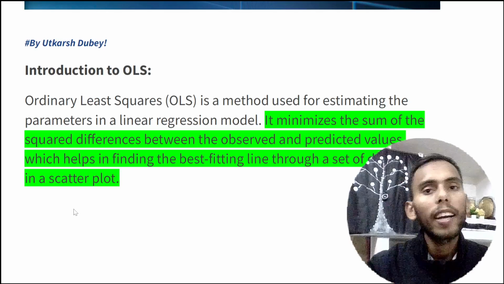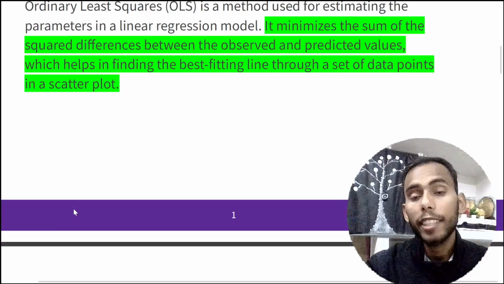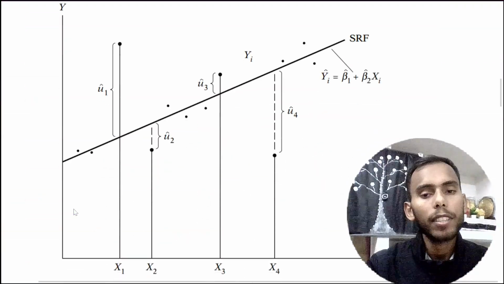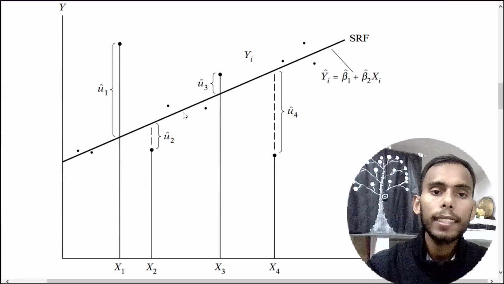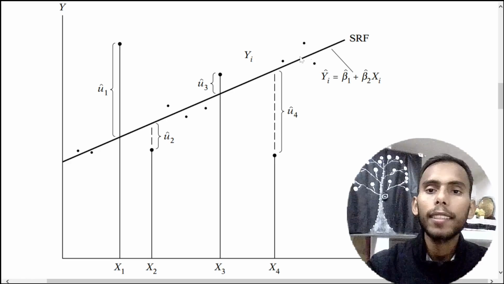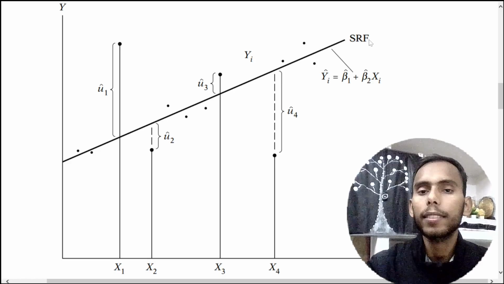So now let's understand it with the actual scatter plot. For example, we have this scatter plot where these are the data sets and this is our SRF, the sample regression function.